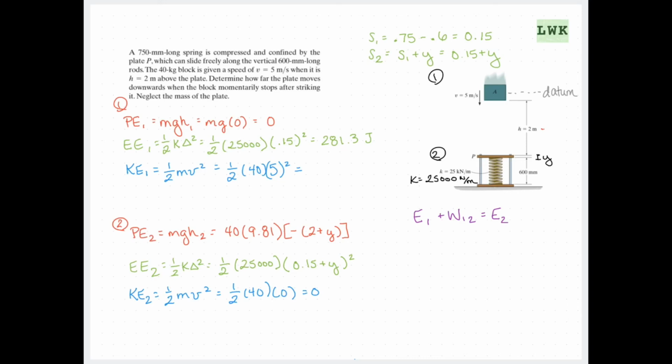So we're going to say 1/2 times 40 times 5 squared, our kinetic energy at 1, plus our elastic energy at 1, plus our potential energy at 1, so 0, plus the work done between 1 and 2, which is also equal to 0, equals kinetic energy at 2, plus our elastic energy at 2, plus our potential energy at 2.